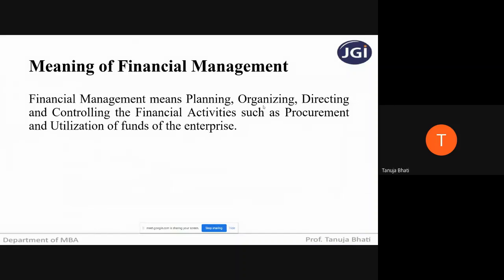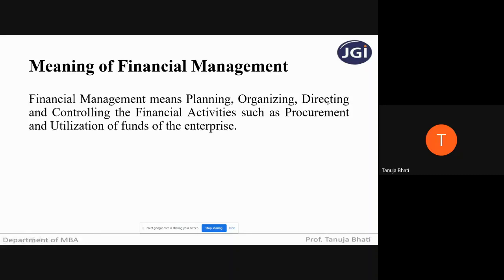If they are planning for X amount of finance, then which are the different areas in which that finance has to be utilized? The entire finance cannot be put in only one project. So organizing means dividing that finance among different areas which require the utilization of funds.